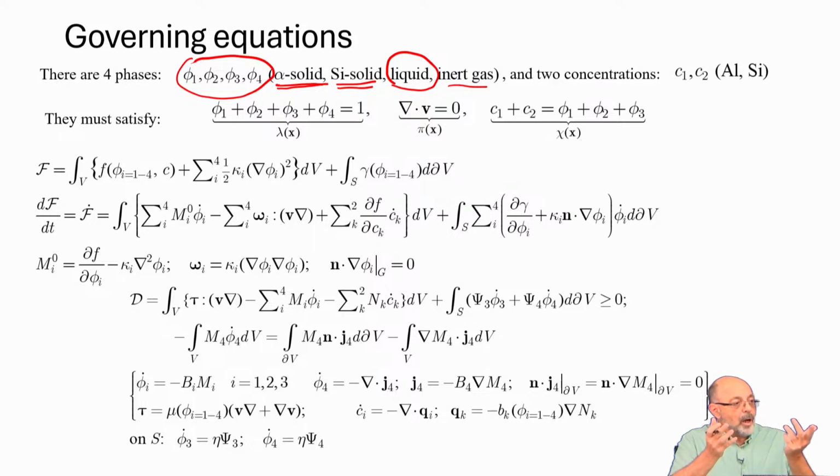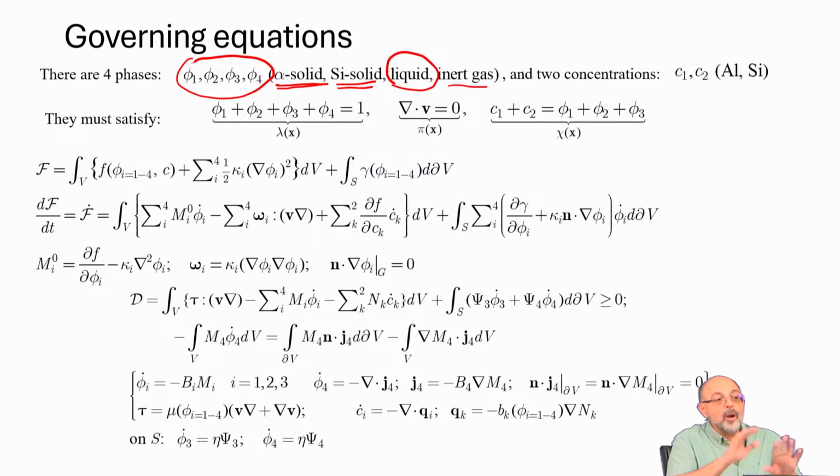So previously our phase field equals 1 meant phase 1, and phase field equals 0 meant different phase. Here it means anything but 1. Right? So when phi1 is 0, that means that I am not in aluminum solid.